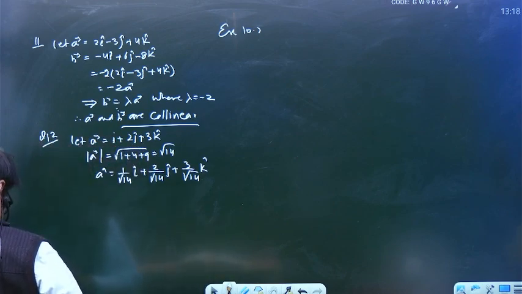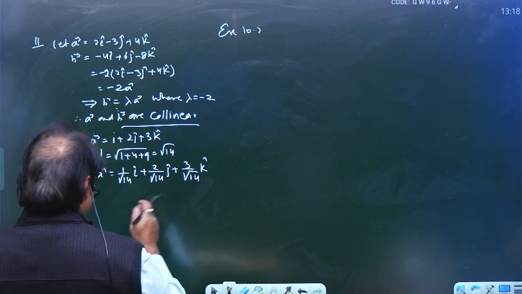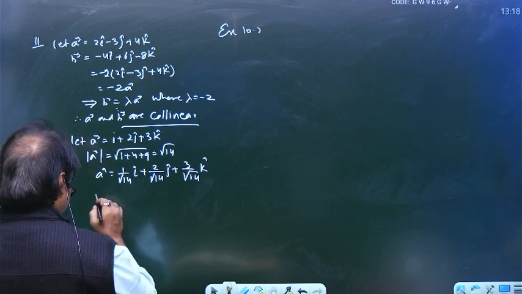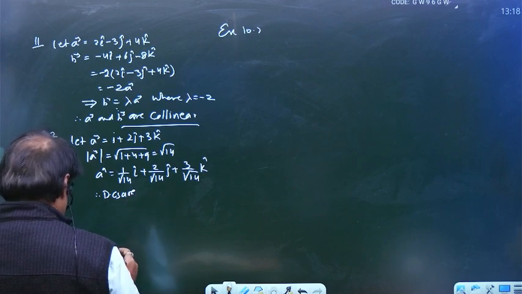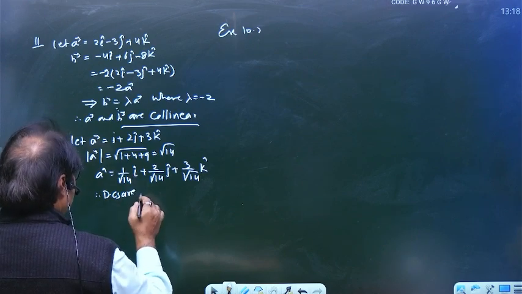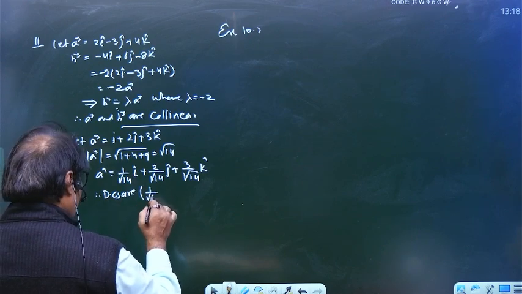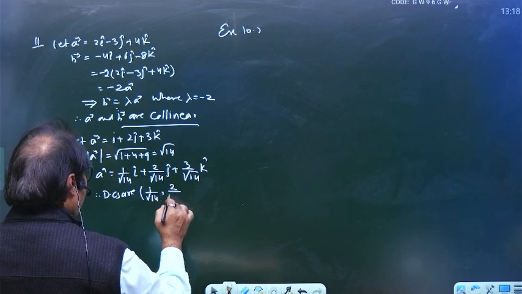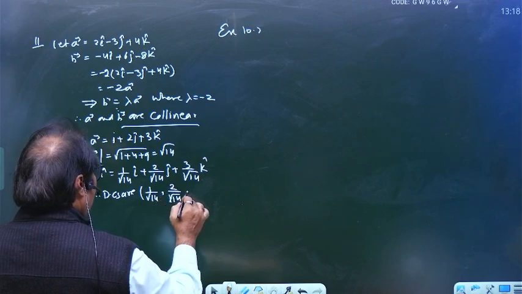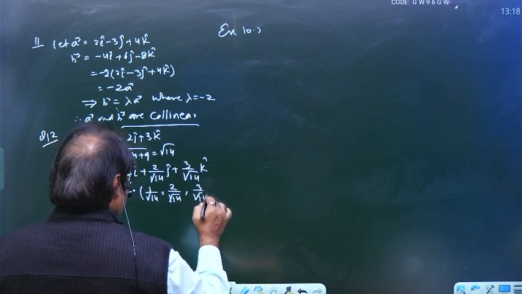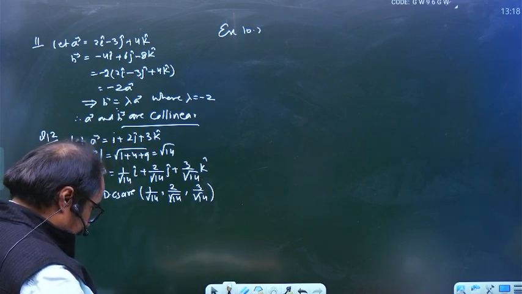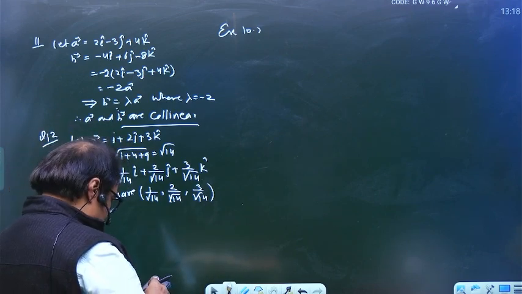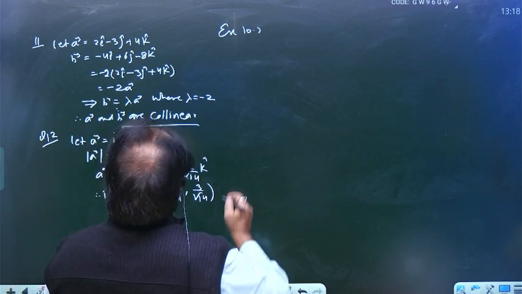Therefore, the direction cosines are 1 by root 14, 2 by root 14 and 3 by root 14. So these are the direction cosines of this given vector.